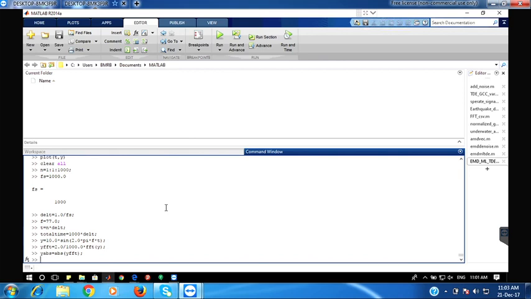Then I will plot with del f. Del f is nothing but 1.0 divided by total time, and n2 is a new index till 500 points.